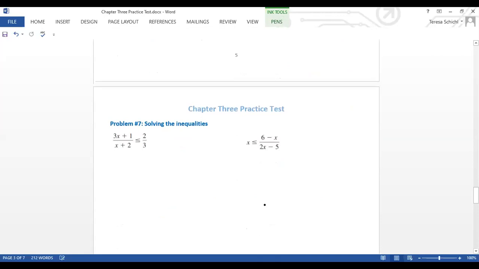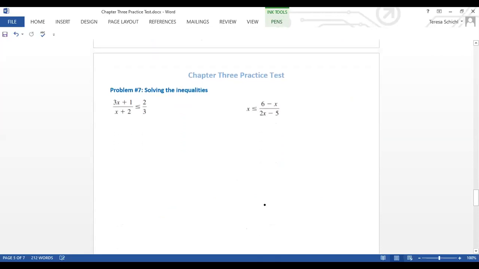Okay, so now number 7, how to solve the inequality for rational functions. It's very similar to the polynomials, right? So what do we need to do here? We need to move everything to one side. So I have (3x plus 1)/(x minus 2) minus 2/3 less than or equal to 0.